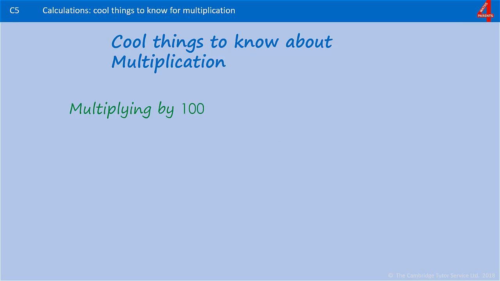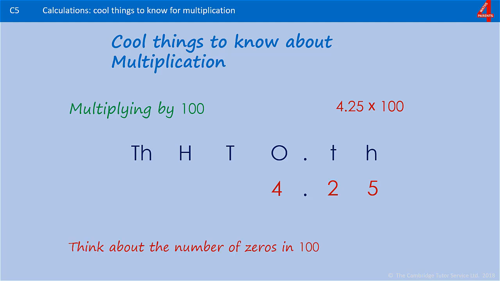Multiplying by 100, it's the same, except you move your digits one more place. So if we put 4.25 into the place value columns, and we're going to multiply it by 100. This time there are 2 zeros in 100, so we're going to move our digits 2 places, and they're going to get bigger because we're multiplying, so they will move to the left.